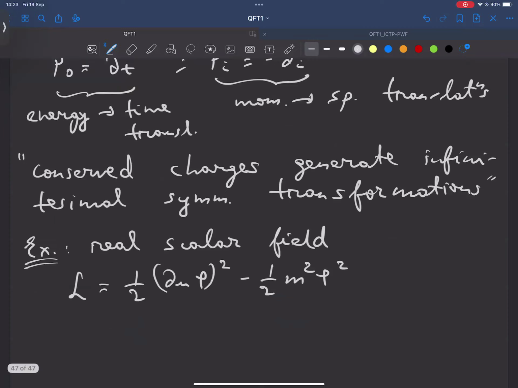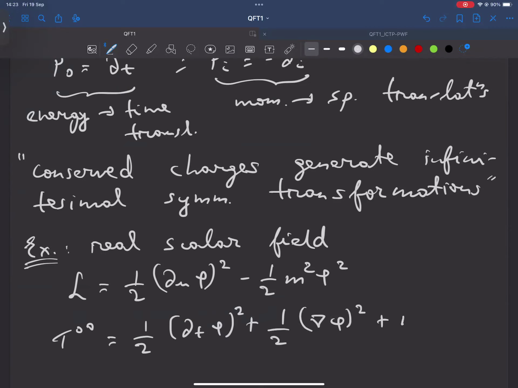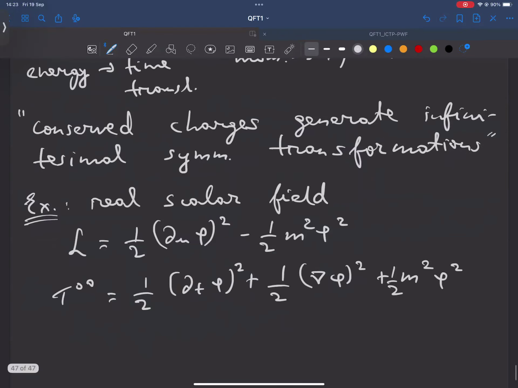And from this, you can compute that T00 is this quantity, and which, as you can see, is positive.